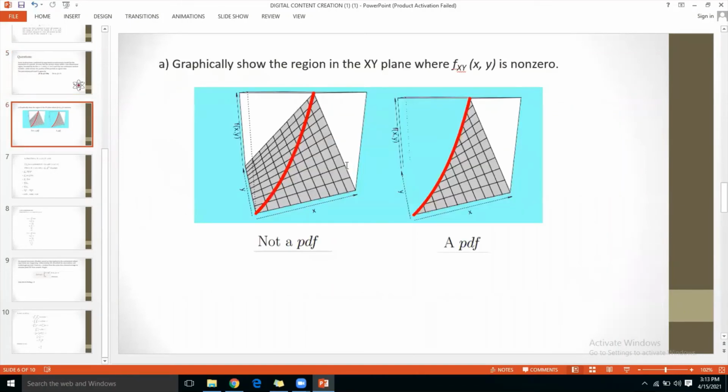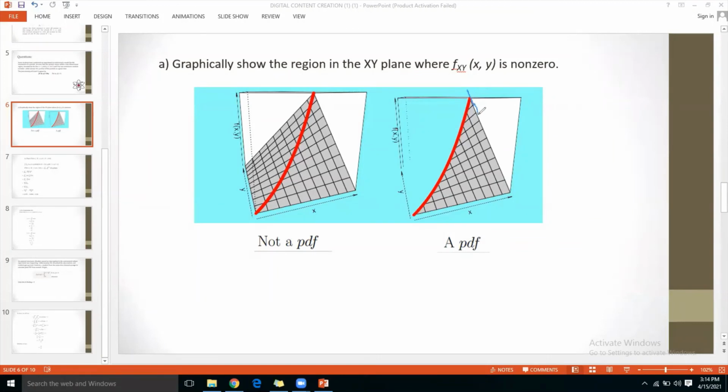So we first showed that whole region graphically on the left side, but we cannot call it a PDF because we don't know what the PDF is outside region A. But on the right hand side, what we have drawn is called the PDF because it is basically defining the region.